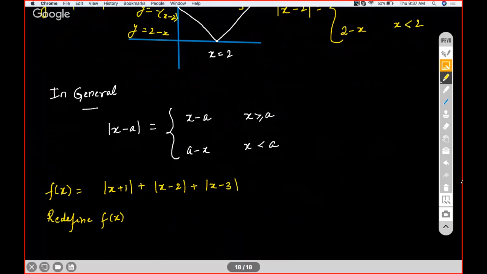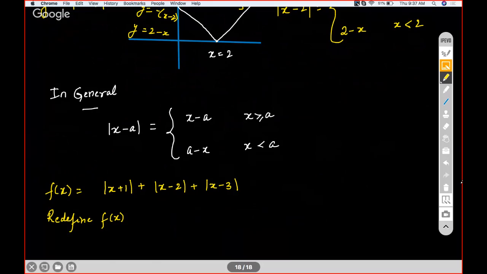So if I need to do that, then x plus 1 can be written as x minus 1 and x minus 1.